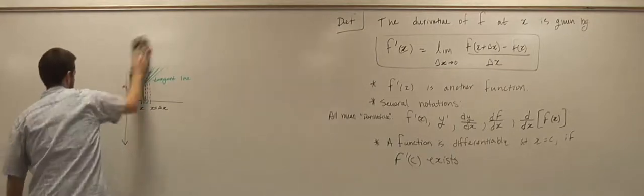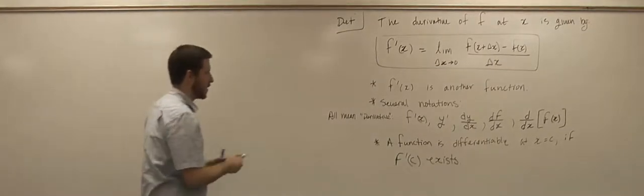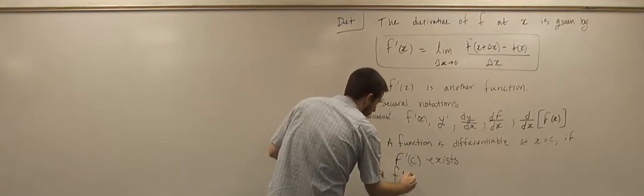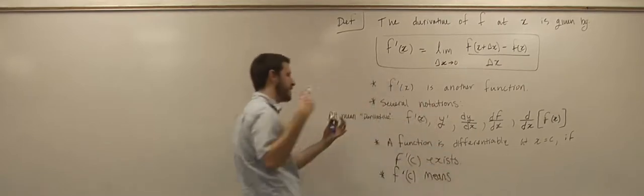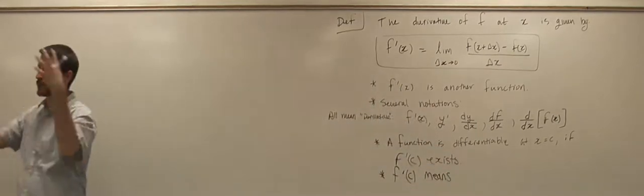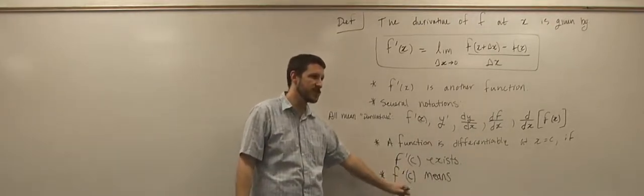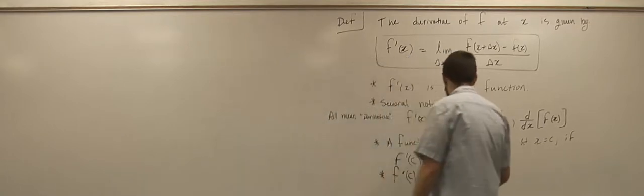Oh, I guess there's one more note in case I didn't make it abundantly clear. F prime of c means, as far as physical interpretation, what you should think when you see f prime of a number, this means the slope of the tangent line to the function at x equals c.